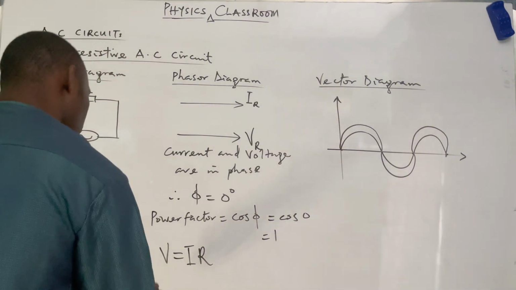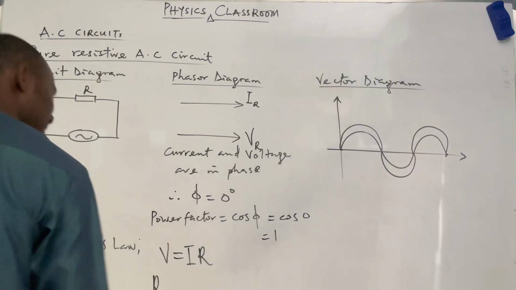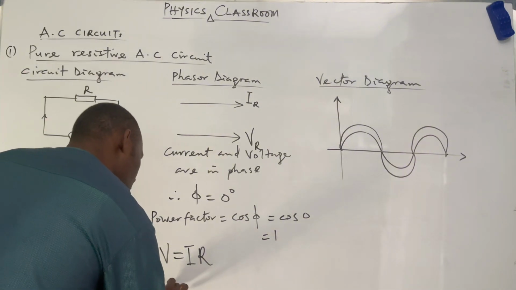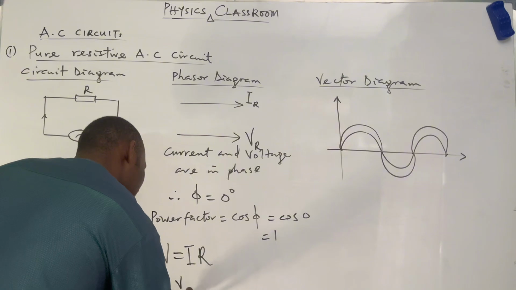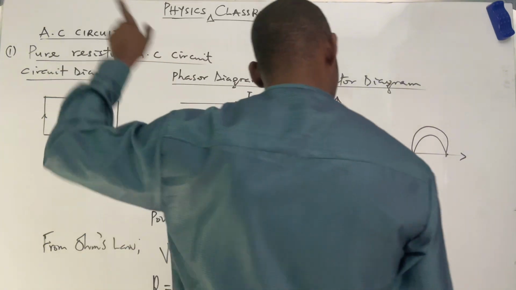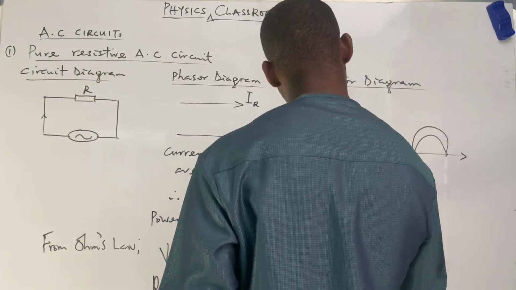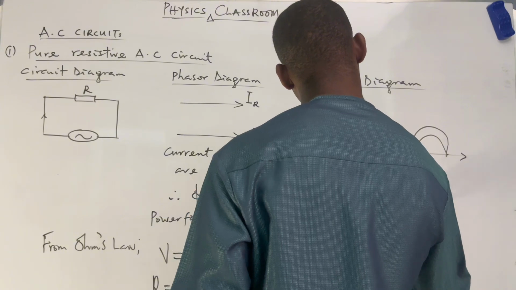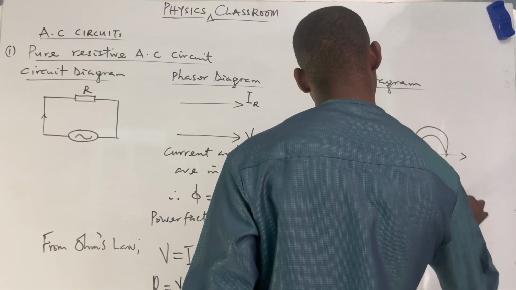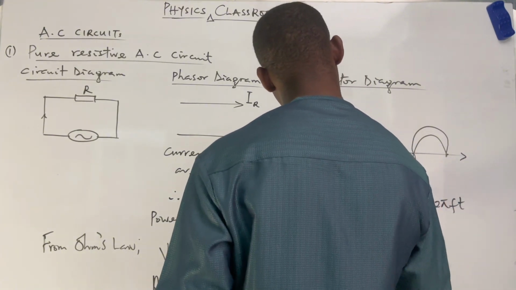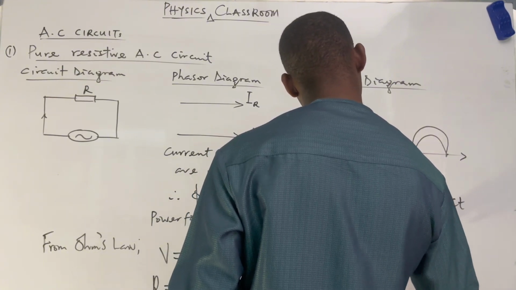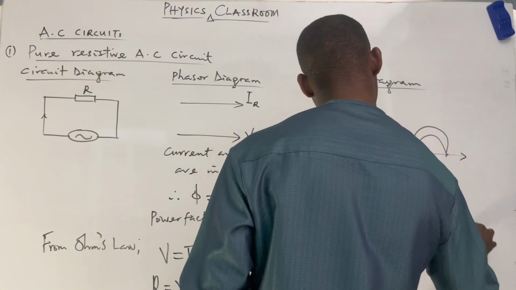So from here, we can say the resistance of the resistor being considered here will be equal to V over I. In the same way, we recall from what I told you previously that Vrms is equal to V naught sine 2 pi ft. Likewise, Irms is equal to I naught sine 2 pi ft.